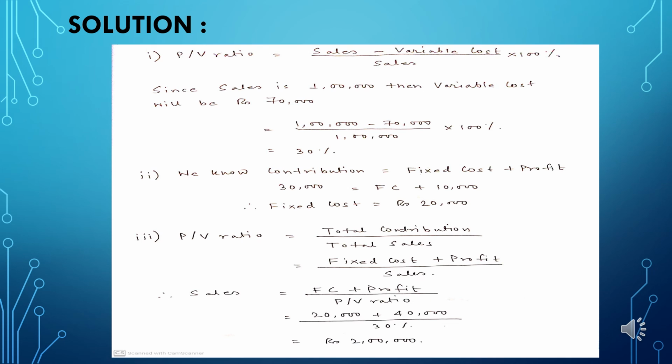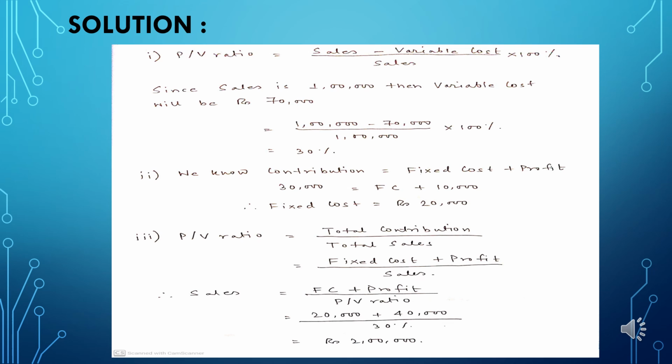Now again, if we need to find out the sales, we need to transform a certain formula. PV ratio is total contribution divided by total sales. Total contribution can be changed into fixed cost plus profit, divided by sales. So if we interchange the places of PV ratio and sales, we get sales equals fixed cost plus profit divided by PV ratio.